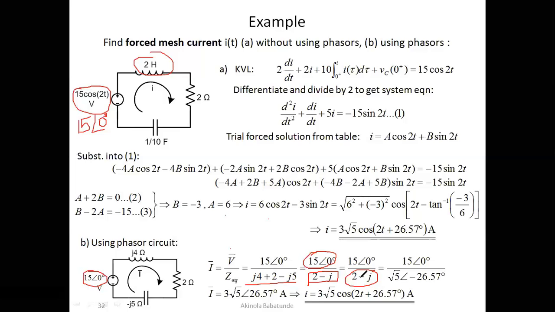The phase angle, like we said, will be tan inverse of B over A. B here is going to be minus 1. A here is 2. So that's tan inverse of minus 1 over 2, which is tan inverse of minus 0.5. If you check that out, you will get minus 26.57 as a phase angle.